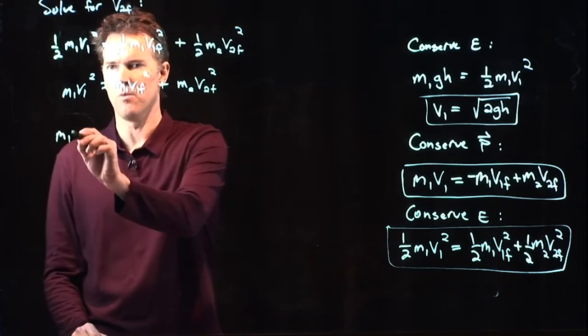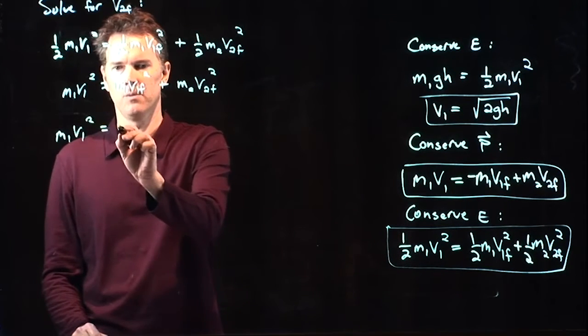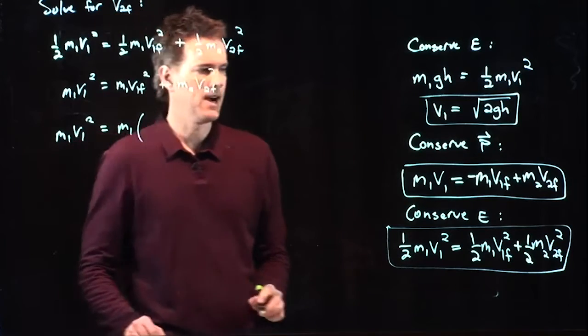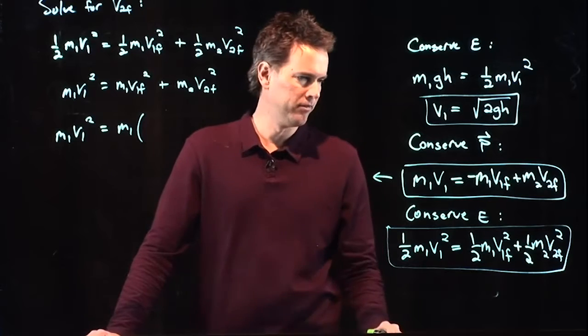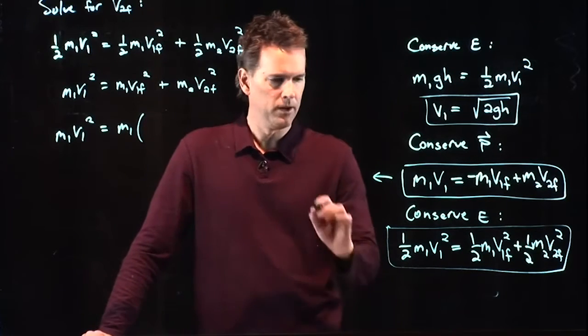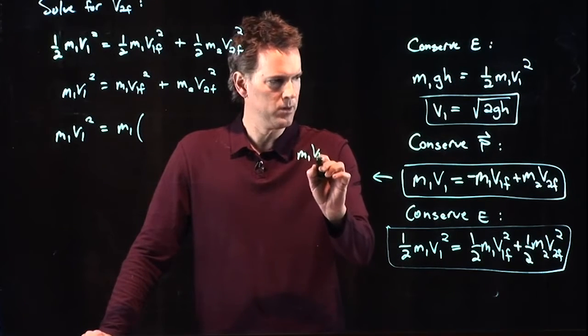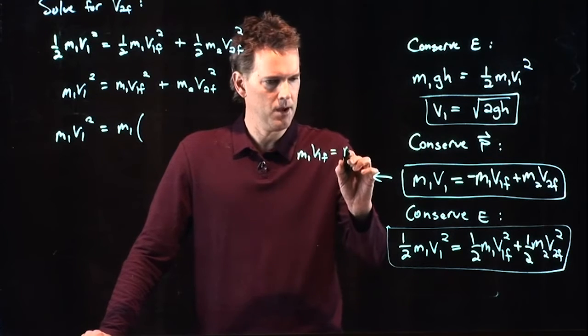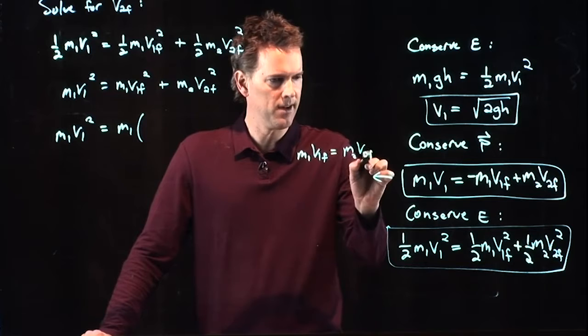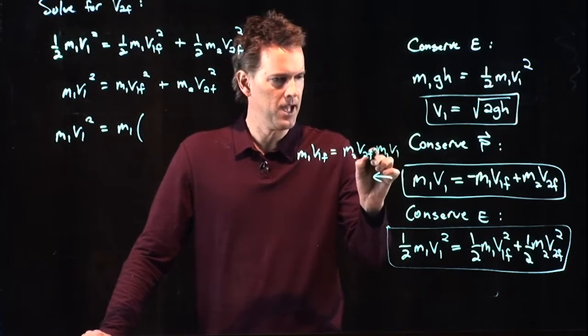Well, we've got m1 v1 squared equals m1 times v1f. What is v1f from this equation? Well, let's rewrite it. m1 v1f is going to equal m2 v2f minus m1 v1.